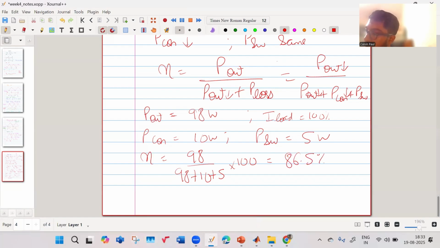Now, let us say my load has become 50%. That means my output power has become 49 watt. What do you think will happen to my conduction loss? How much will it become?